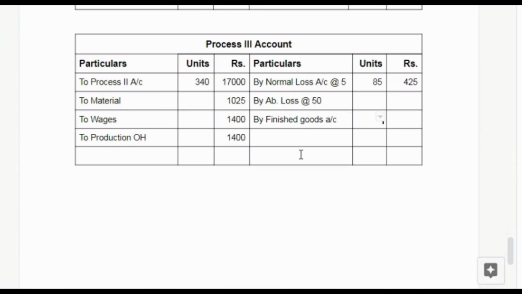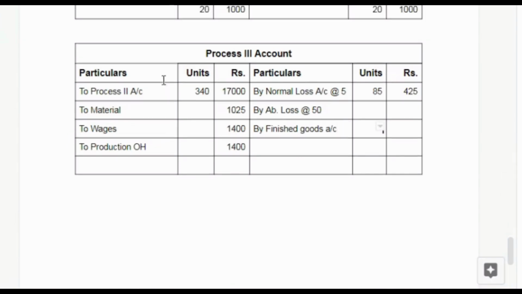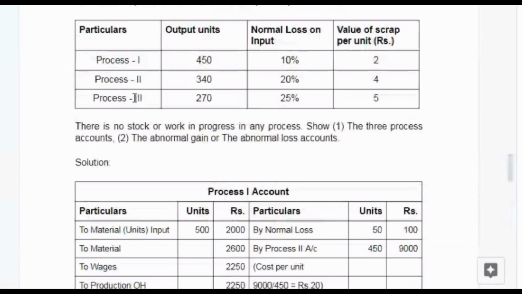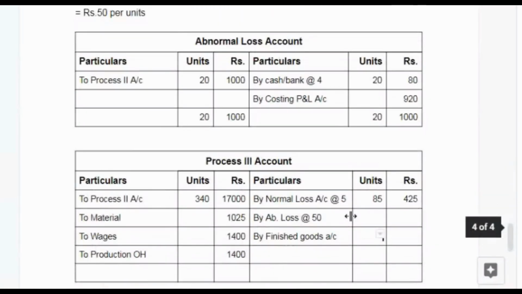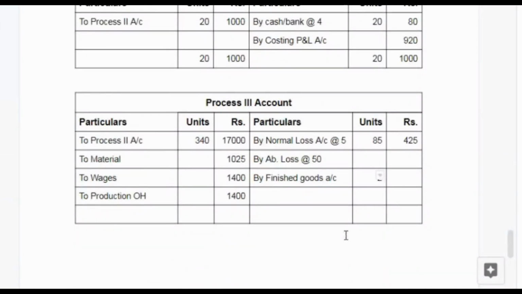Okay, and the units given are 270. Yes, very nice, 270. But we don't know the amount. We don't know the amount. We also don't know the abnormal gain or abnormal loss.